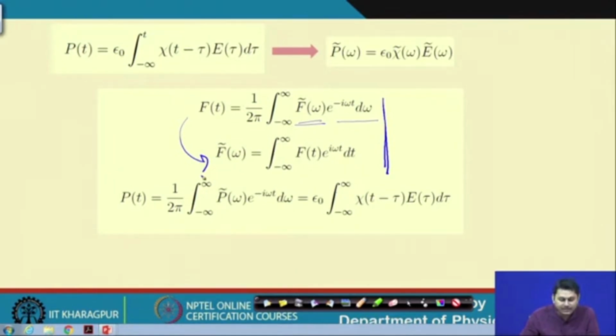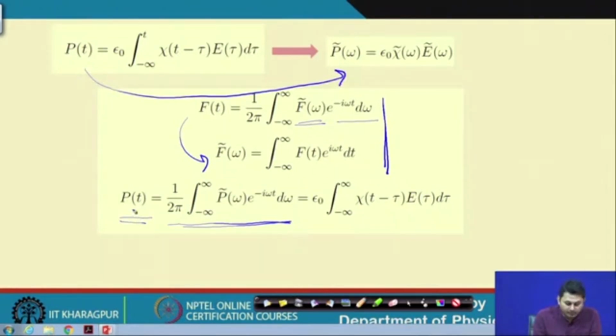Now, I am going to apply this to our function P. My function P is here, and I can write P(t) in terms of its Fourier component, because at the end of the day I need to go from here to here. So, P(t) is a function in the time domain, which is the polarization. Now, I write it in the Fourier component, exactly the same way; the example is already given in the upper two lines. Then I write P(t) in terms of the electric field and chi.